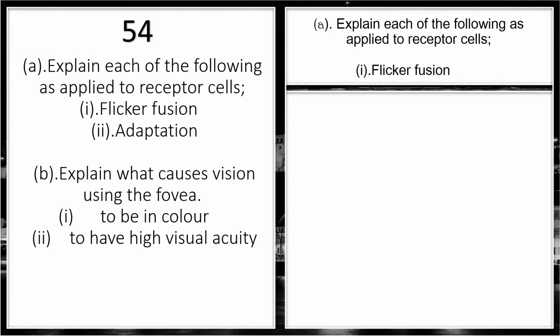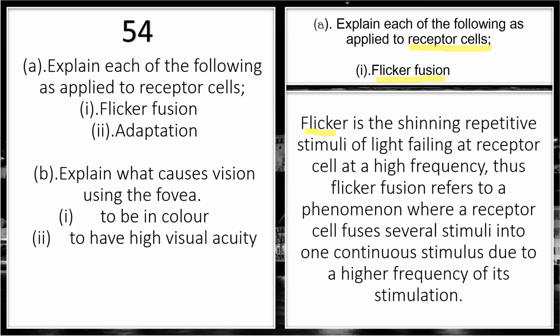Explain each of the following as applied to receptor cells. Flicker vision. Flicker is the shining of repetitive stimuli of light falling at a receptor cell at a high frequency.